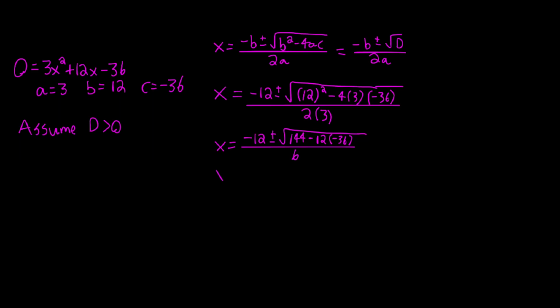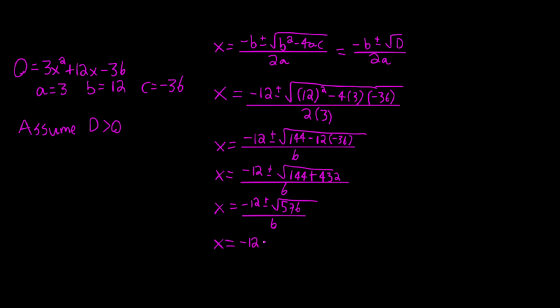Now, that's going to give me x is equal to negative 12 plus or minus the square root of 144 plus 432, divided by 6, or x is equal to negative 12 plus or minus the square root of 576, divided by 6. Now, that's going to give me x is equal to negative 12 plus or minus, and the square root of 576 is 24, divided by 6.